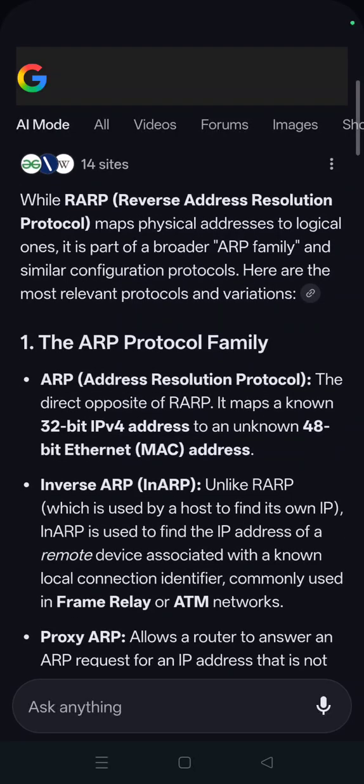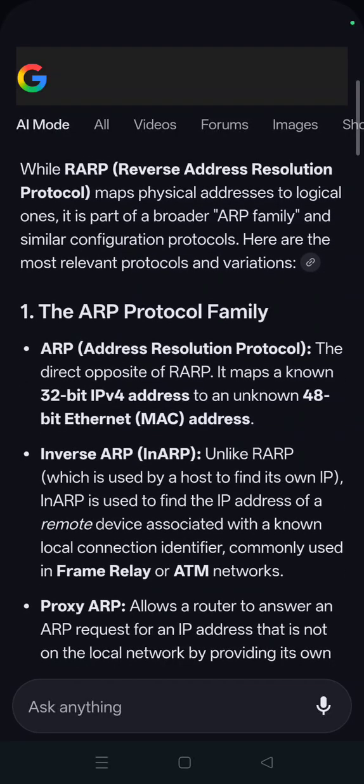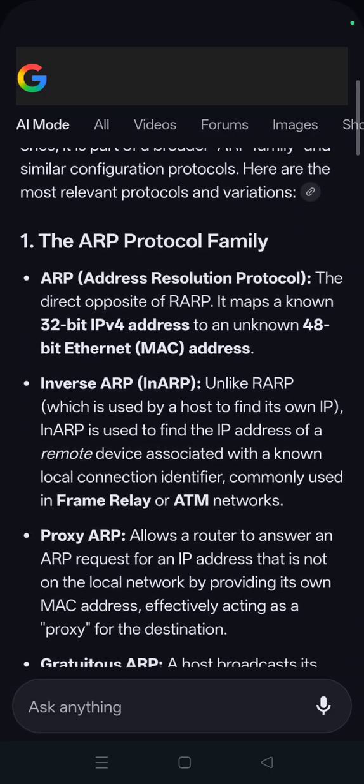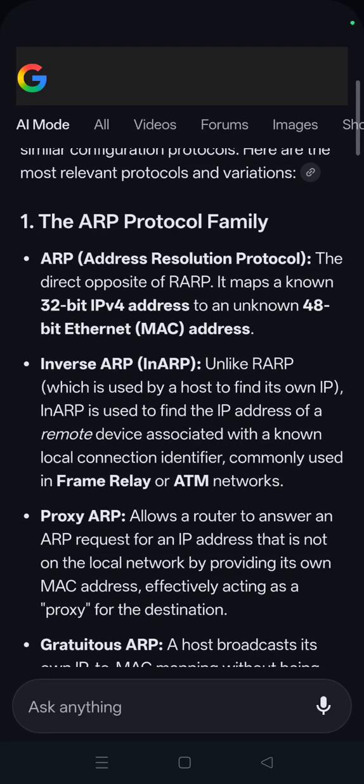The ARP protocol, address resolution protocol, is the direct opposite of RARP. It maps a known 32-bit IPv4 address to an unknown 48-bit Ethernet MAC address. Then there is inverse ARP.